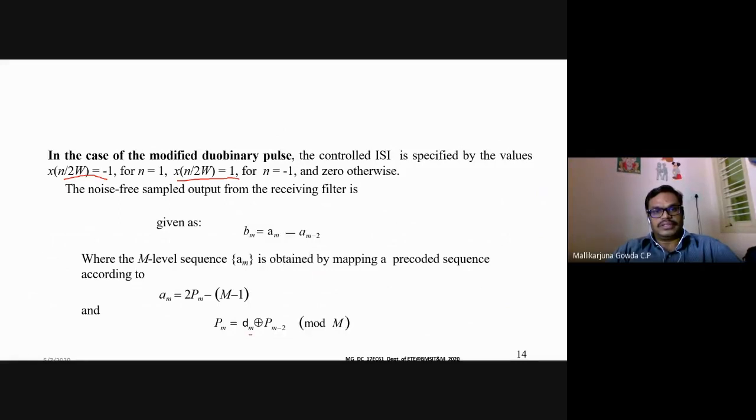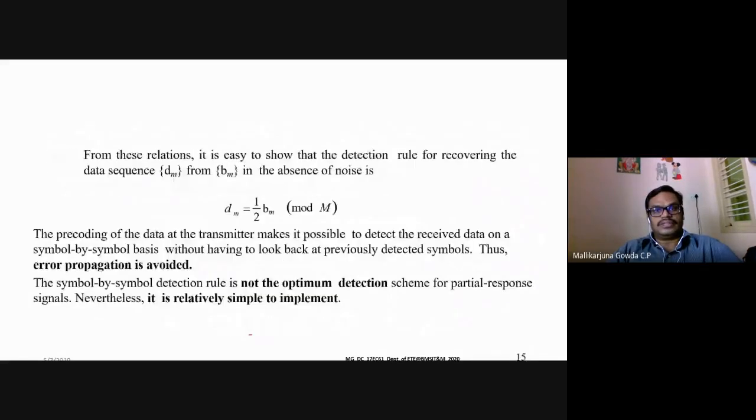And the decoded sequence will be 1 by 2 b_m mod operation. So the pre-coding of data at the transmitter makes it possible to detect the received data on a symbol-by-symbol basis without having to look back at previously detected symbols.